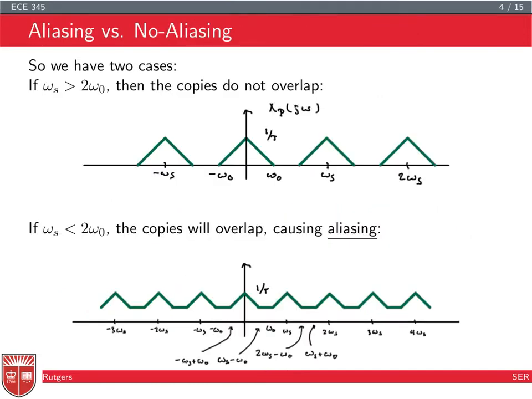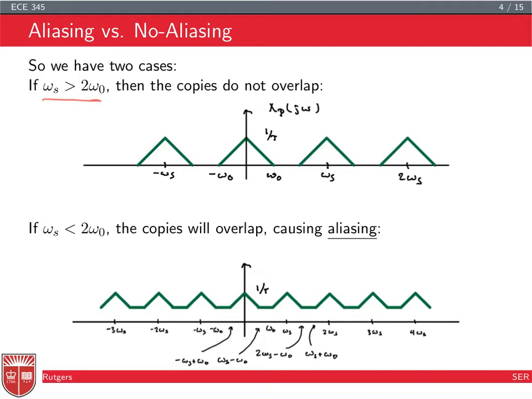And then we talked about two important cases. The first case is when there is no aliasing, when omega s is strictly greater than 2 omega 0. So if you're sampling at a frequency greater than twice the largest frequency in the signal, then you don't have aliasing, meaning these copies do not overlap, and this is something very good.